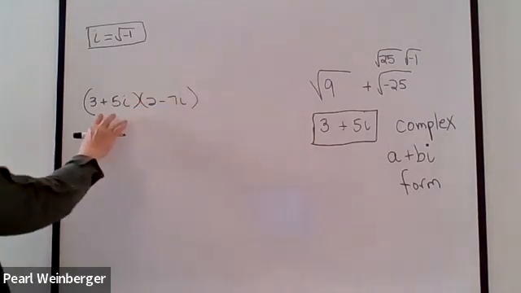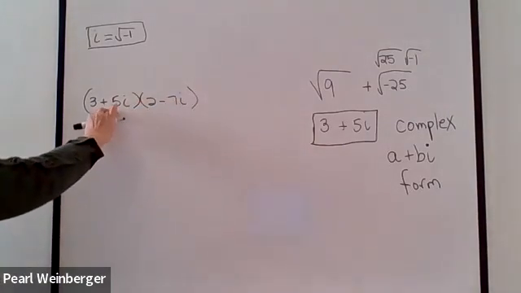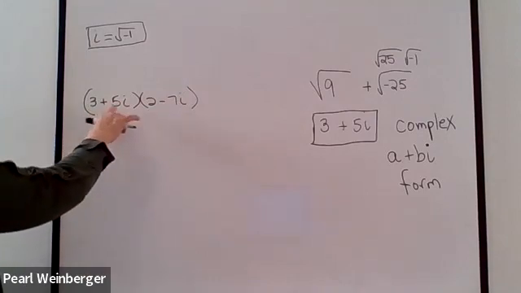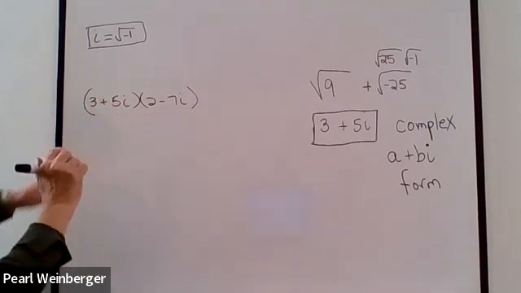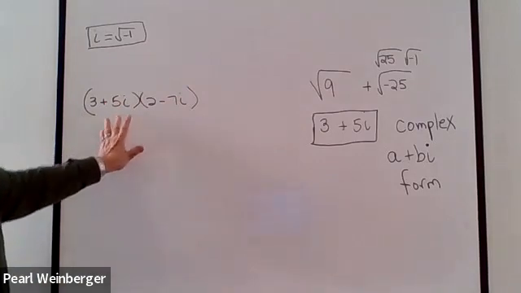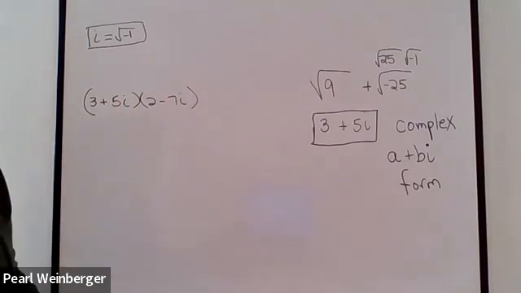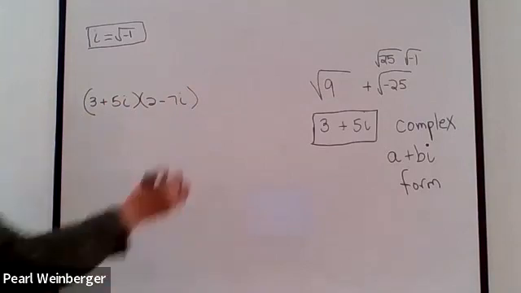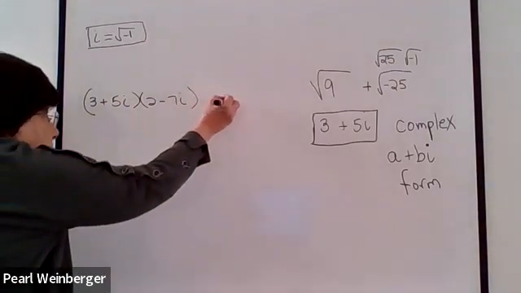I have two complex numbers. Remember, a complex number is a combination of a real number and an imaginary number. Well, if you look at it, it looks like two binomials, and that's exactly what it is. So when you want to multiply them, you multiply them the same way you multiply binomials. In other words, you're going to have to use FOIL.